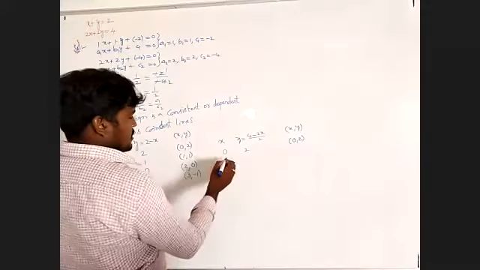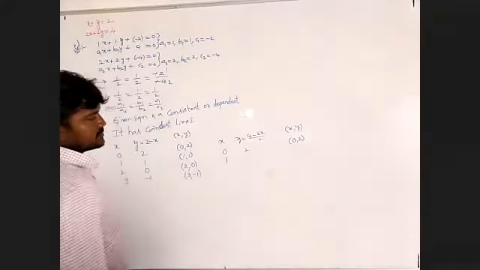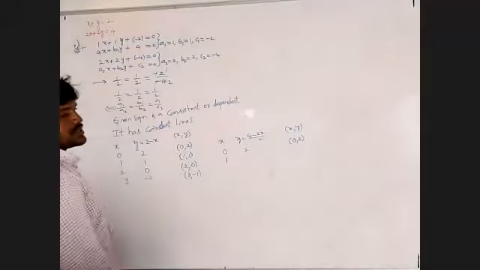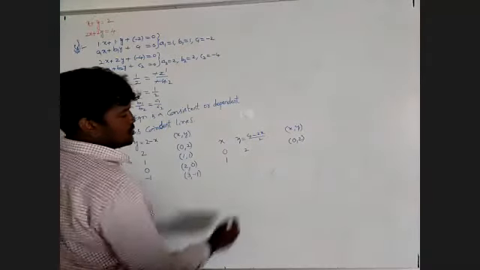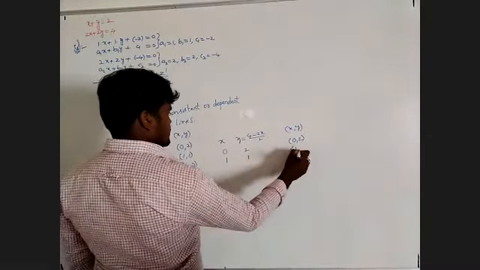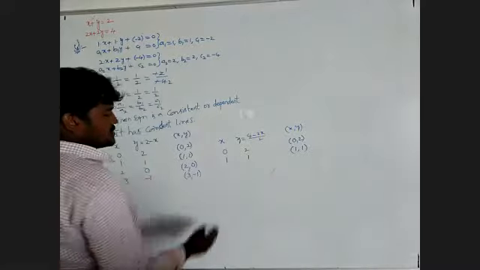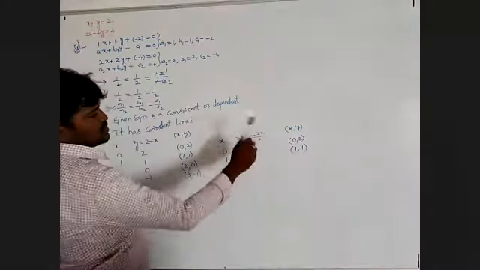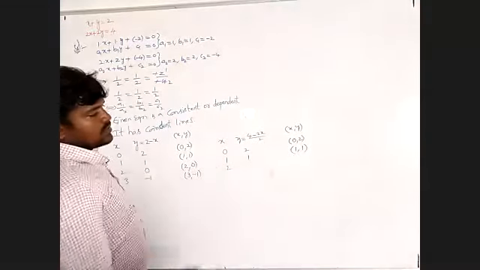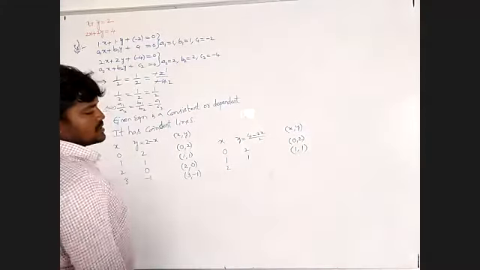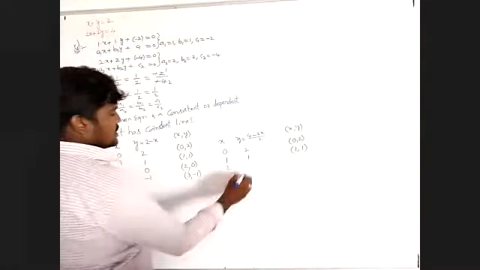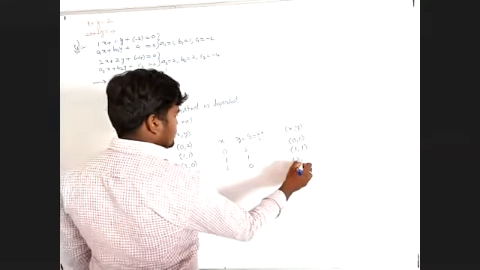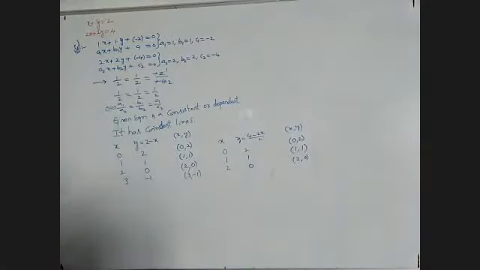That is 1 comma 1. Otherwise we have to take let x is equal to 2, that means 2 twos 4, 4 minus 4 becomes 0, 0 by 2 is also 0, that is also 2 comma 0. Both equations are same. This we have multiplied by 2, so coincidental lines we have to form.